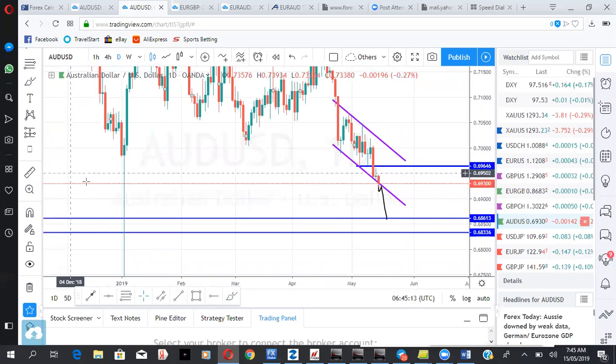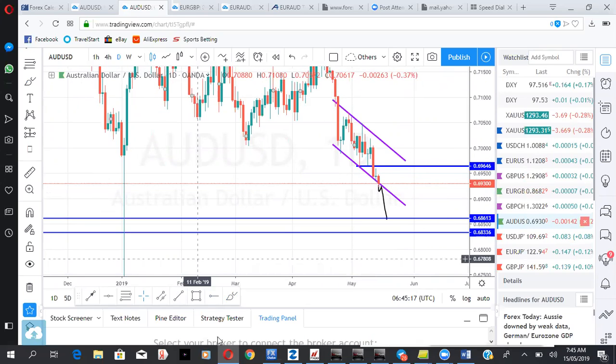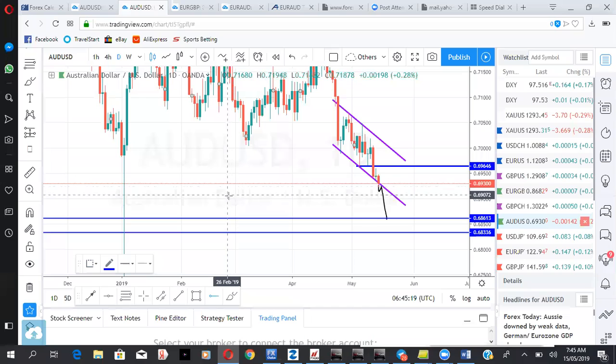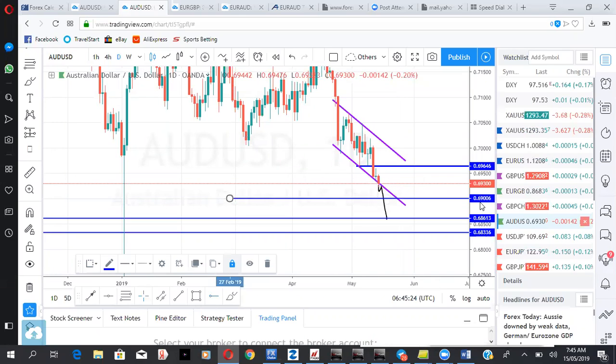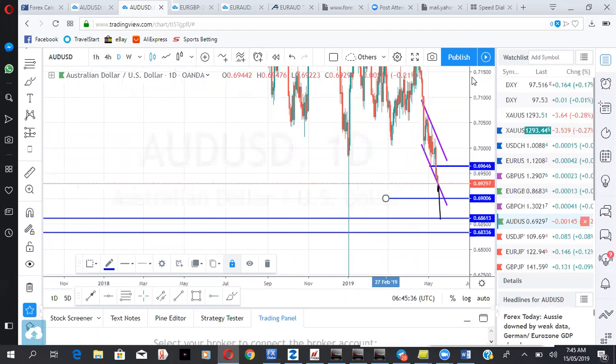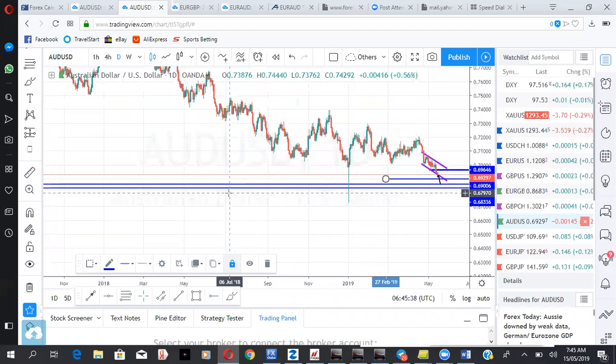There's no other support level to the left, except this psychological level here at 69.00. Except this psychological level here holds price. Apart from that, there's no other support structure for the AUDUSD that I am looking at, except it's a very long-term one.